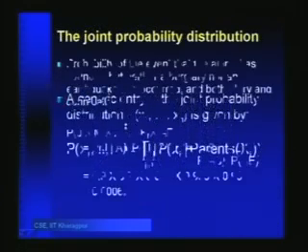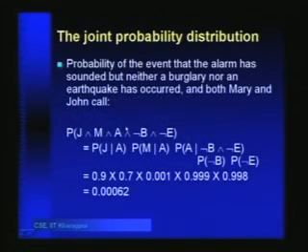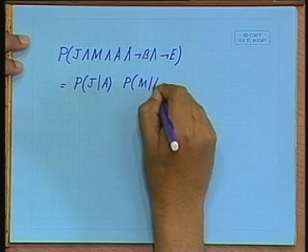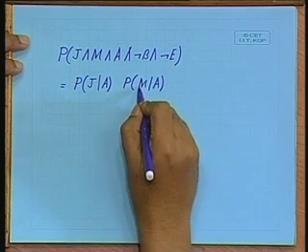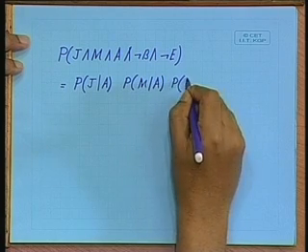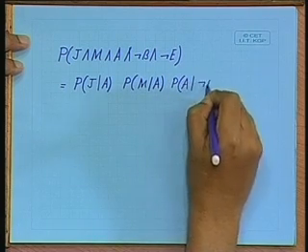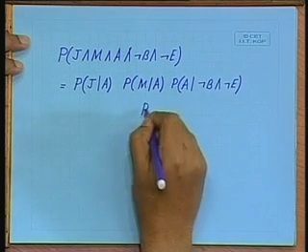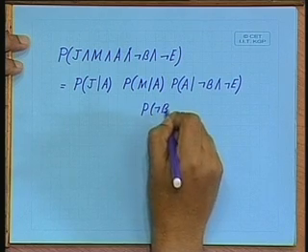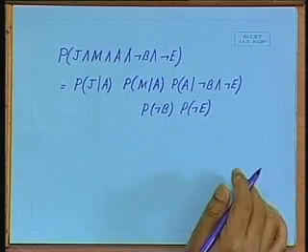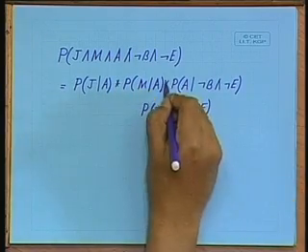So, we have here P of J given A and then P of M given A because Mary calls given alarm, and then probability of A given not B and not E, and then times probability of not B and probability of not E. Right. So, it is the product of all these.